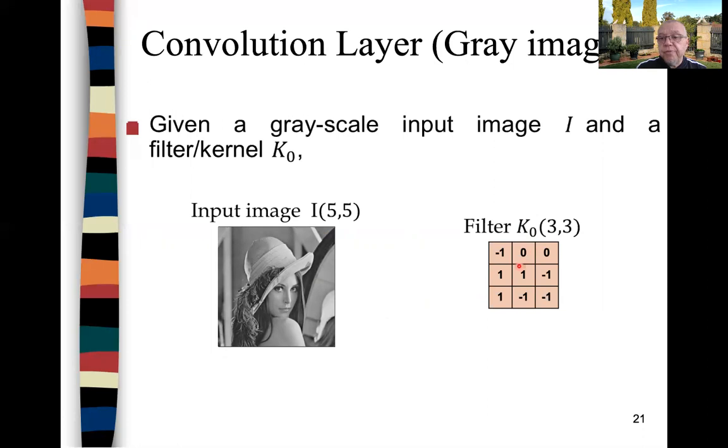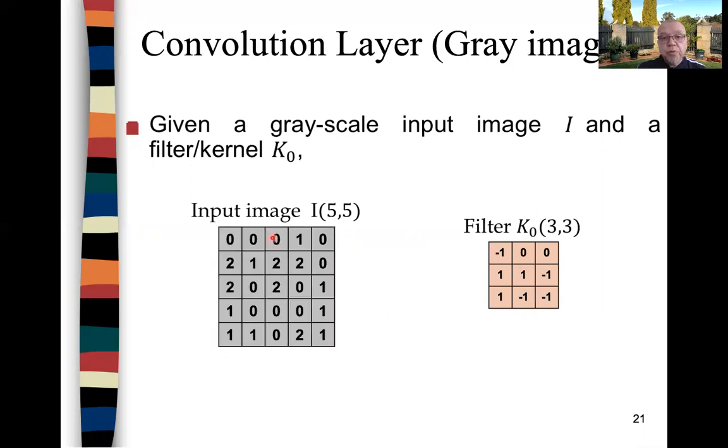For better illustration, it would have been better to have a kernel like -1, 0, 1, -1, 0, 1, to show you how this kernel detects vertical edges. But this is just any kernel.